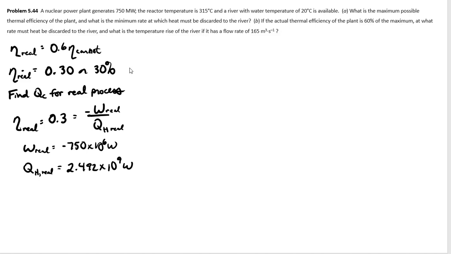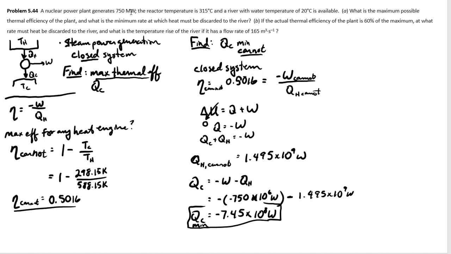One of the confusing things might be, how come I used 750 megawatts for the Carnot engine? I was using that because we were assuming that everything was as efficient as possible. We were wanting to find this QH and QC.